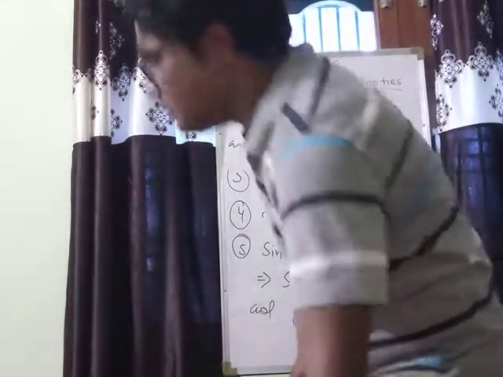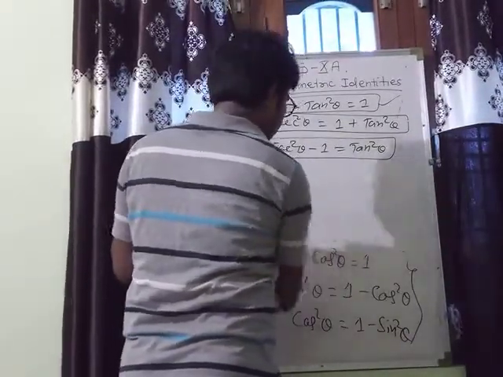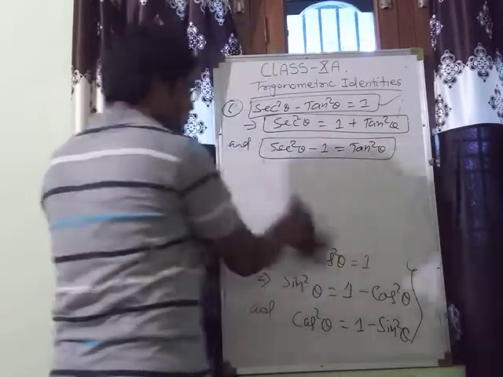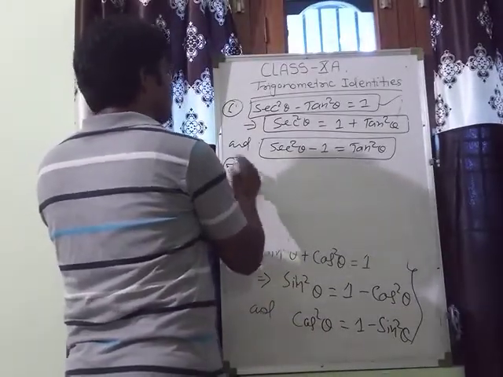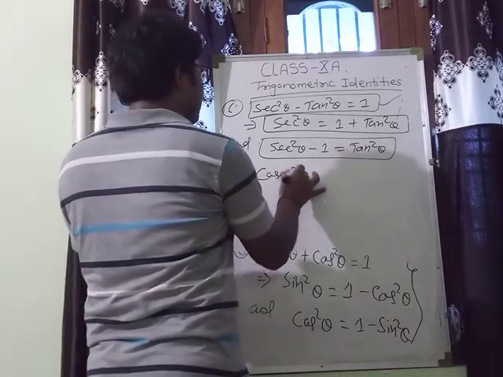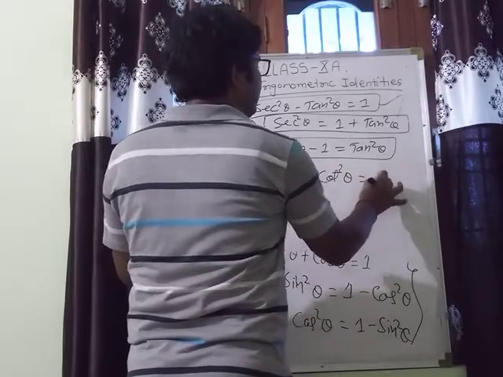Now the seventh one: cosec square theta minus cot square theta is equal to 1.